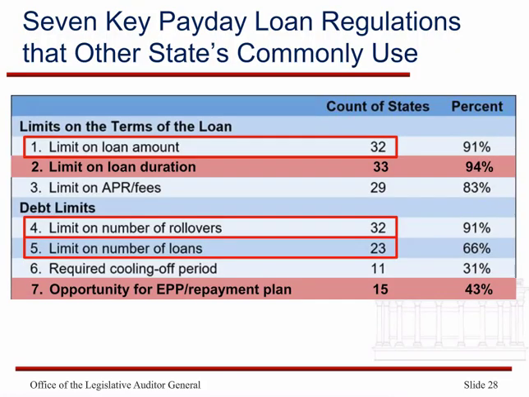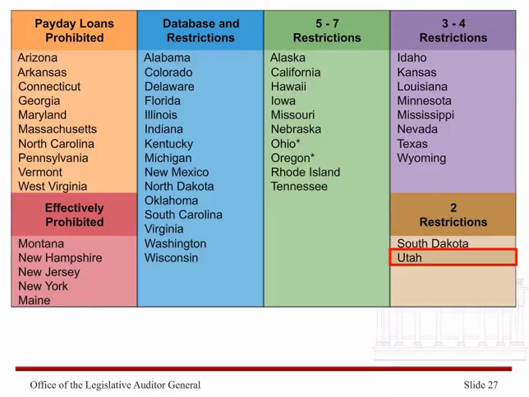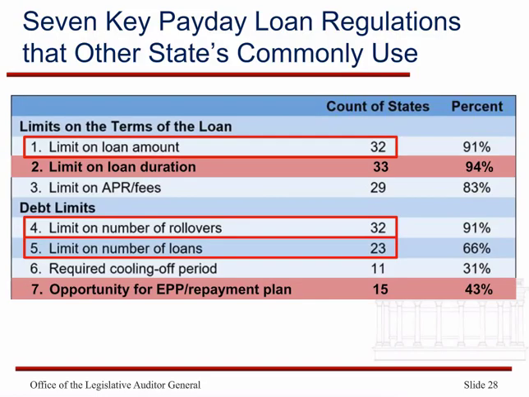We did recommend a couple different areas that were not adopted. There are 7 key payday loan regulations used in other states. You saw the other states chart that we had up. We can go back to that in a minute, but Utah only uses 2 of these, number 2 and number 7, the loan duration that we talked about, the 70 days, and the EPP.